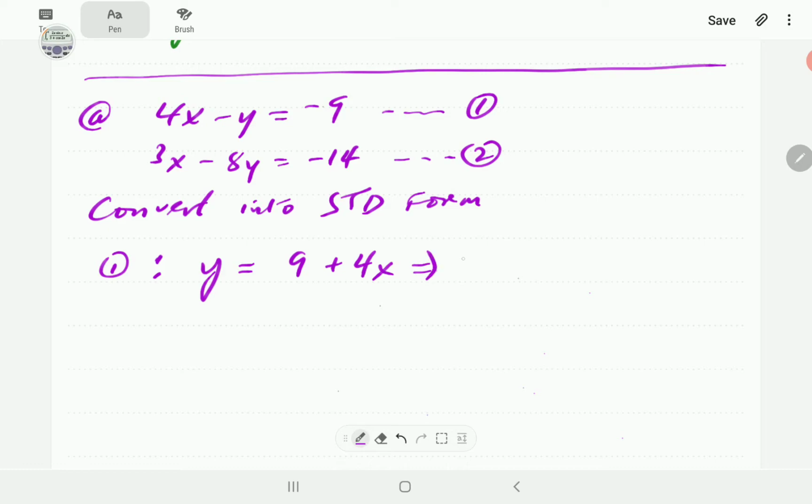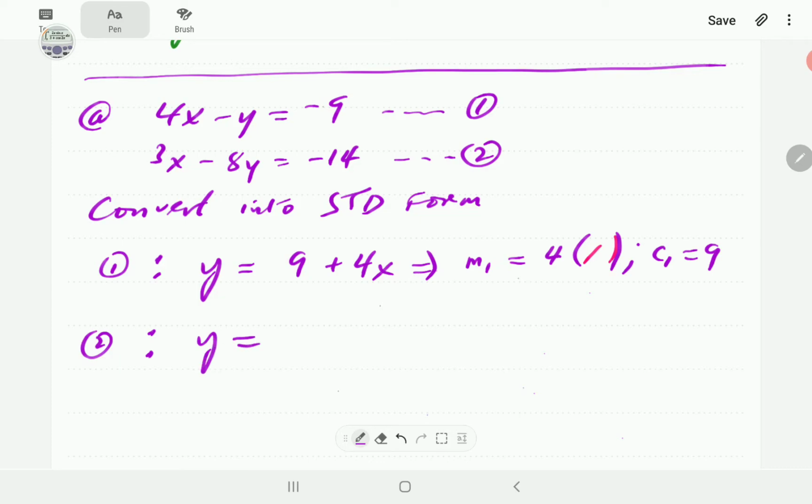So what this is telling us is that m1, the gradient for this line, is 4. The gradient is 4, which means the line is going to be upward sloping. Again, check our video on straight line equations if you're not sure how that works out. c is going to be 9. I'm calling it c1 because that is for the first line.